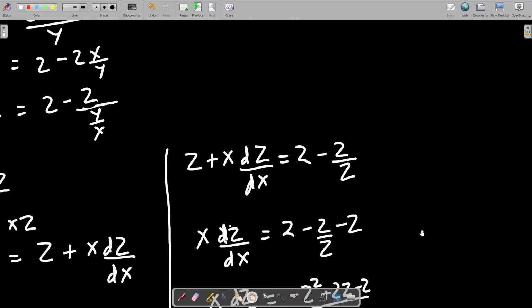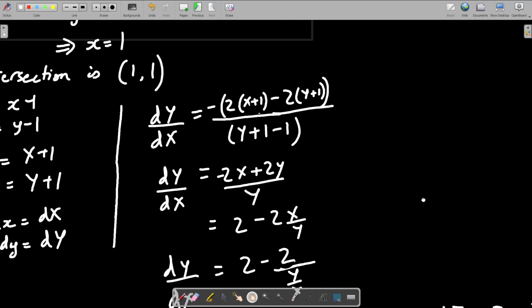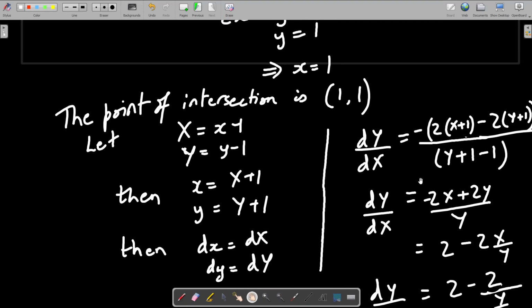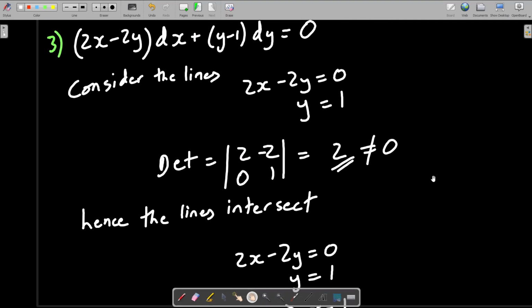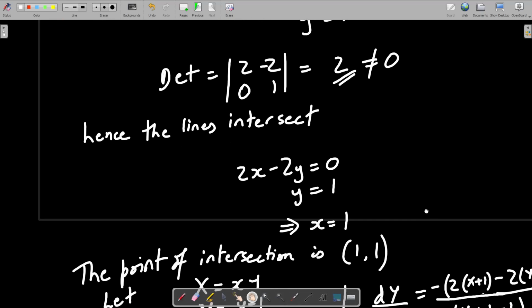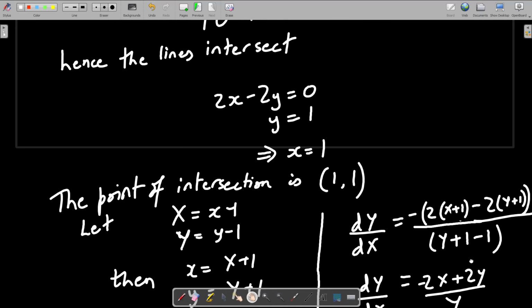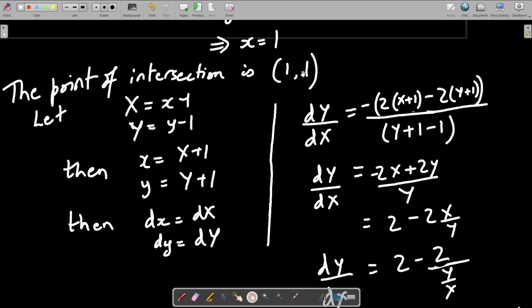Let me just check if I've done everything correctly in this problem. Let's start with the beginning of this problem. This was the given question to us: 2x plus 2y. This part will be correct because we got a sensible equation here. If the point of intersection part and all was wrong, you would not get a constant; the constant term would still be there. The constant terms are eliminated, that means you're correct. So this part was correct.